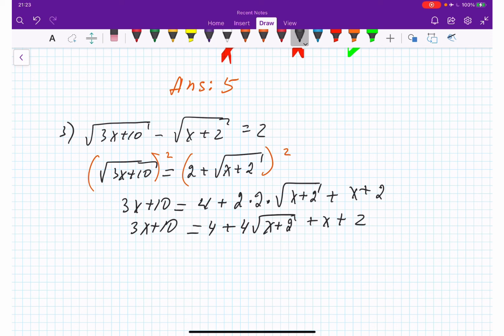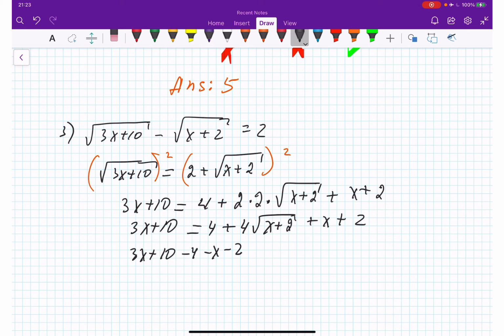Okay, I'm going to move all terms to the left side and leave on the right side only the square root, because we have to raise to power 2 one more time to get rid of all radicals completely. And it's going to be 3x plus 10 minus 4 minus x minus 2.